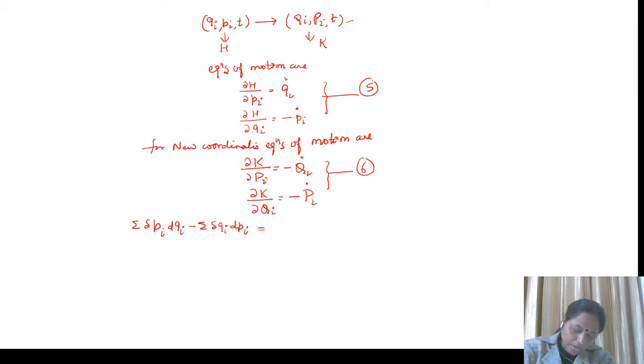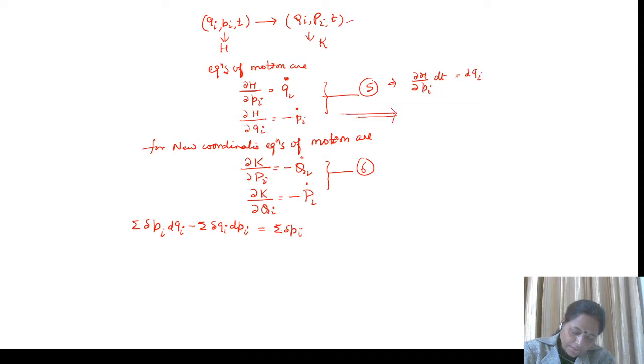If I pick the old one, because this expression is in terms of old coordinates, then this is equal to sigma delta Pi. You see, this implies delta H by delta Pi dt is dqi.